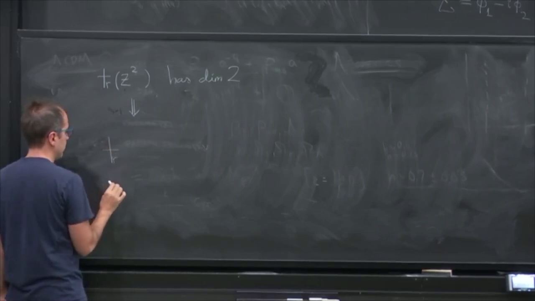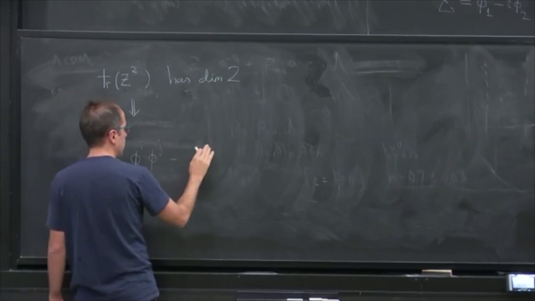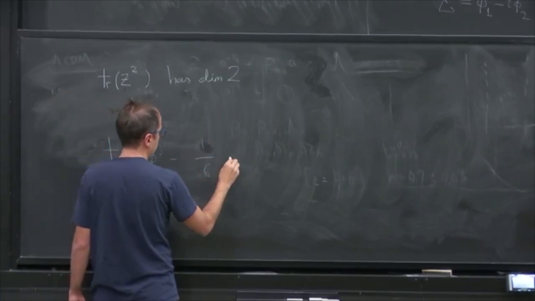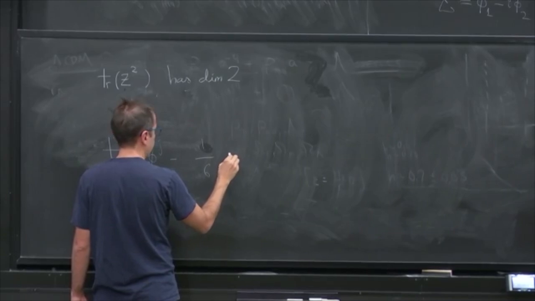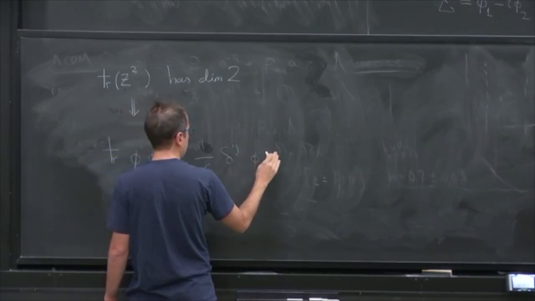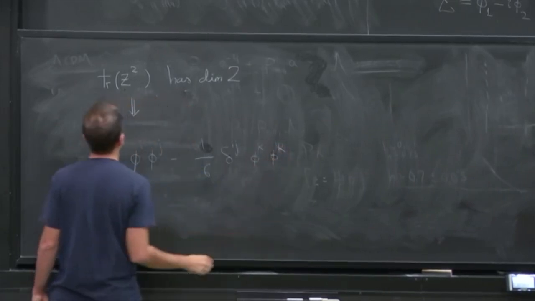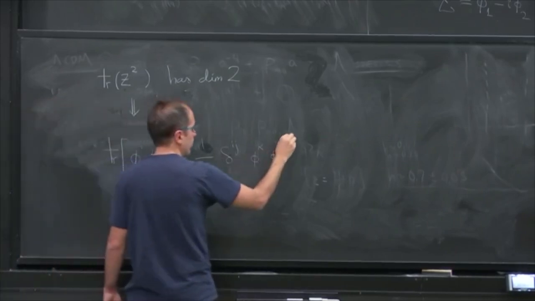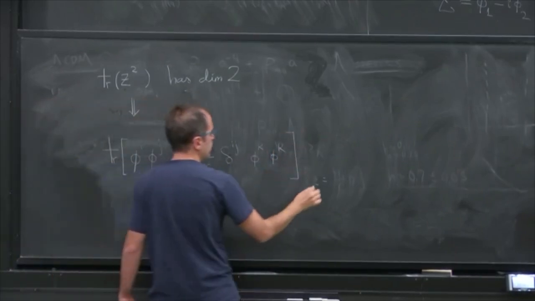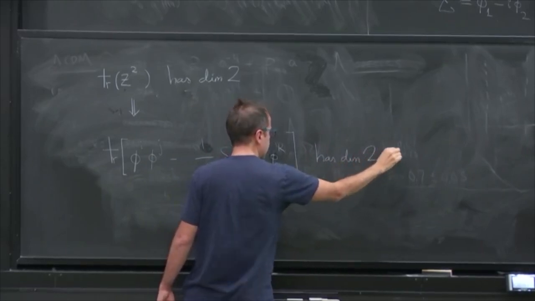Let me write first one that is maybe easier: trace of phi I phi j minus 1 over 6 delta ij phi k phi k. This guy also has dimension 2, again plus 0, no quantum corrections.